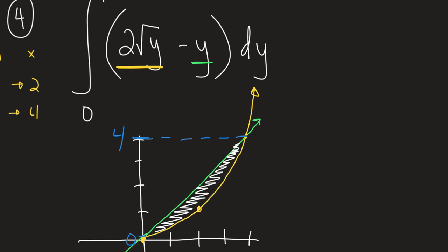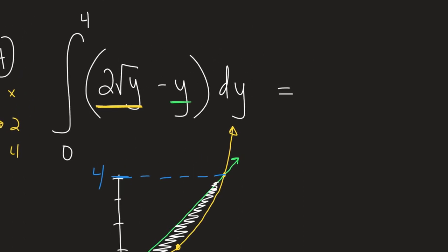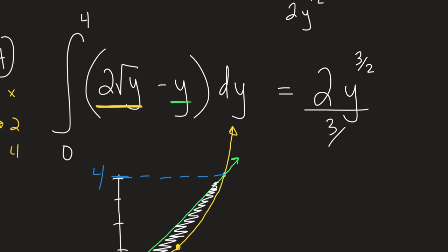So let's take the antiderivative of 2 root y. Okay, so it might be easier if you change it into a polynomial, 2y to the 1/2. Because according to our polynomial rules, we add 1 to the power and we divide by the new power. So 2y to the 3/2 divided by 3/2 minus y squared over 2.